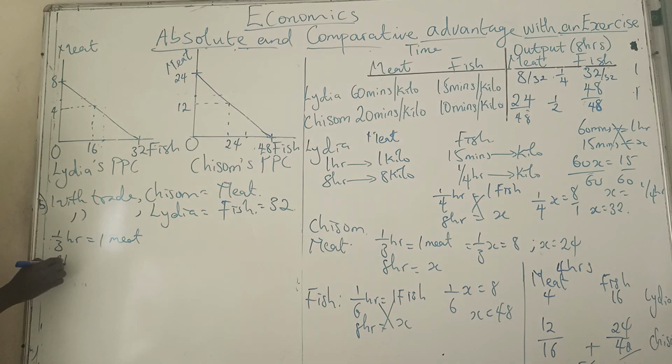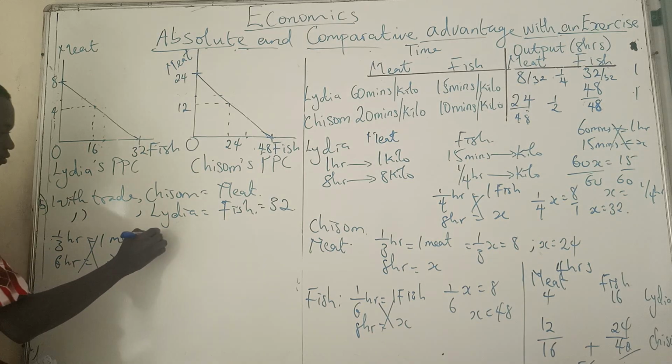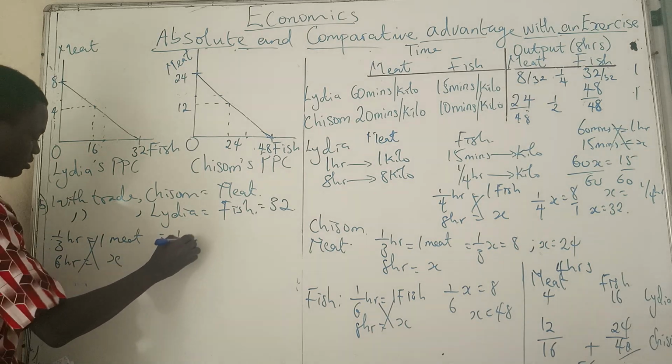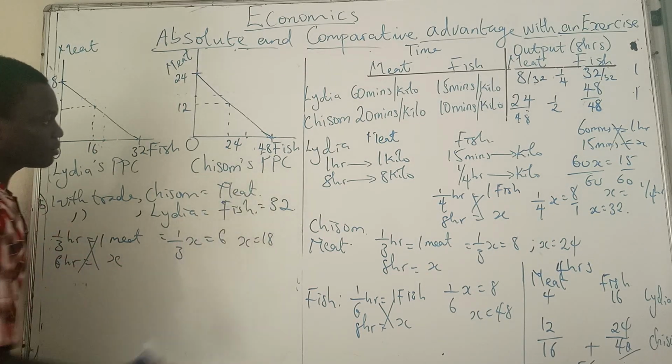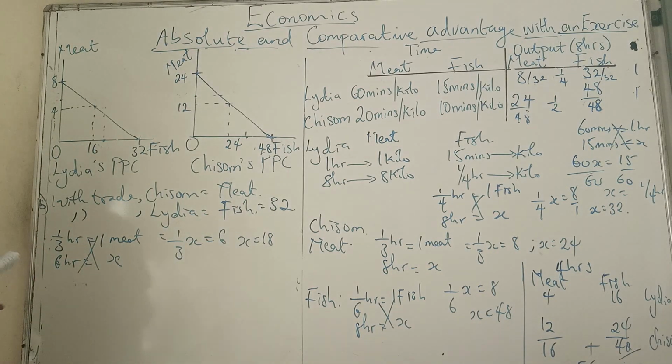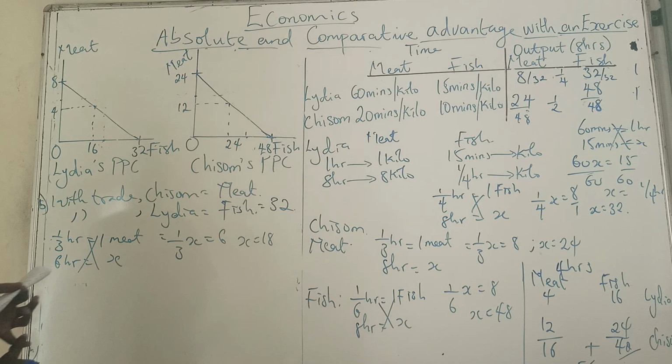So in 6 hours equals x. We cross multiply, and then we have 1 over 3 x equals 6, and then x equals 18. So she'll be able to produce 18 kilograms of meat.